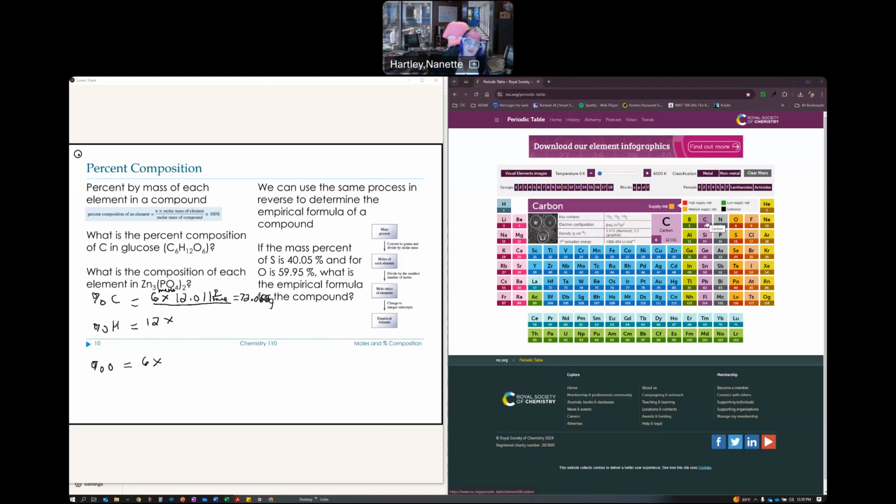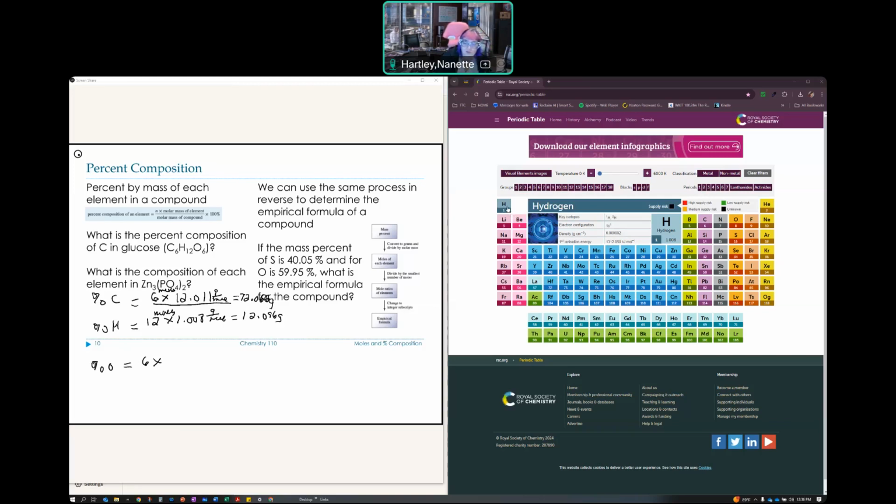Now, let's talk about what we have from the hydrogen. Hydrogen is up here. He's 1.008 grams per mole. So that then gives me 12 times 1.008. That then gives me 12.096 grams. Okay. We talk about our oxygen.